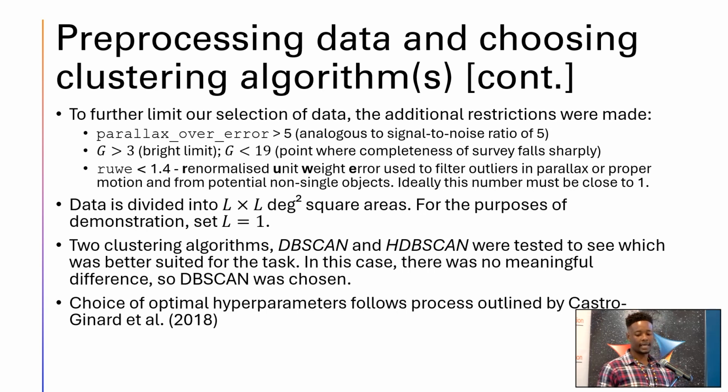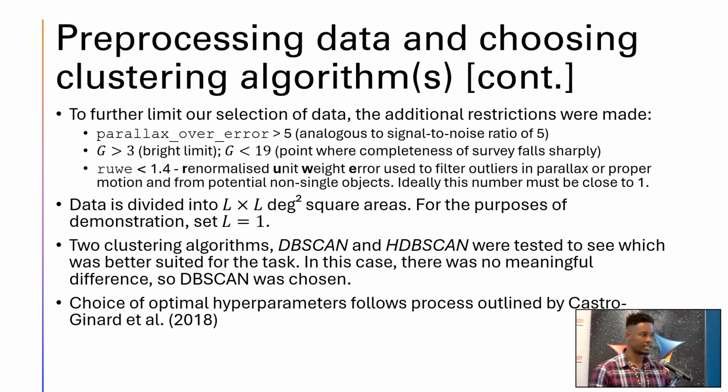And then for each of those candidate min points values, when you sketch the curve of these characteristic distances as a function of the candidate min points values, what you find is that there is a point within this curve where the differences start to level off.